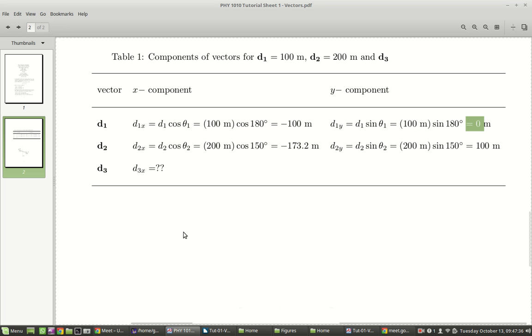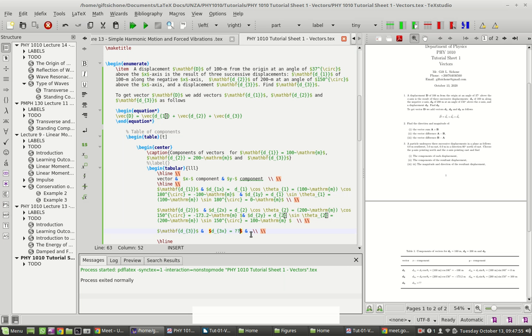It is okay if you do not know something at a particular time. Is that clear? So D3x, we do not know yet. We are going to find out. That's what we want to find out. How about D3y?